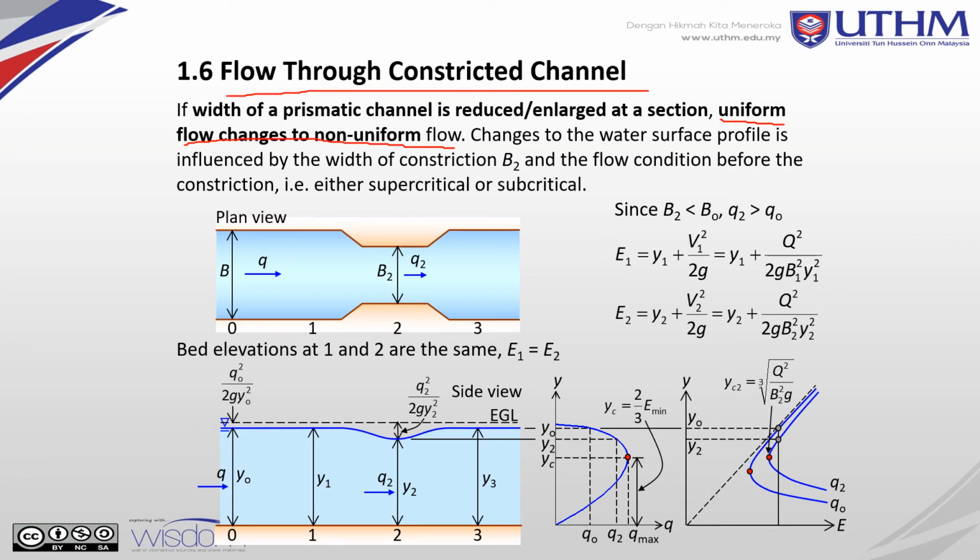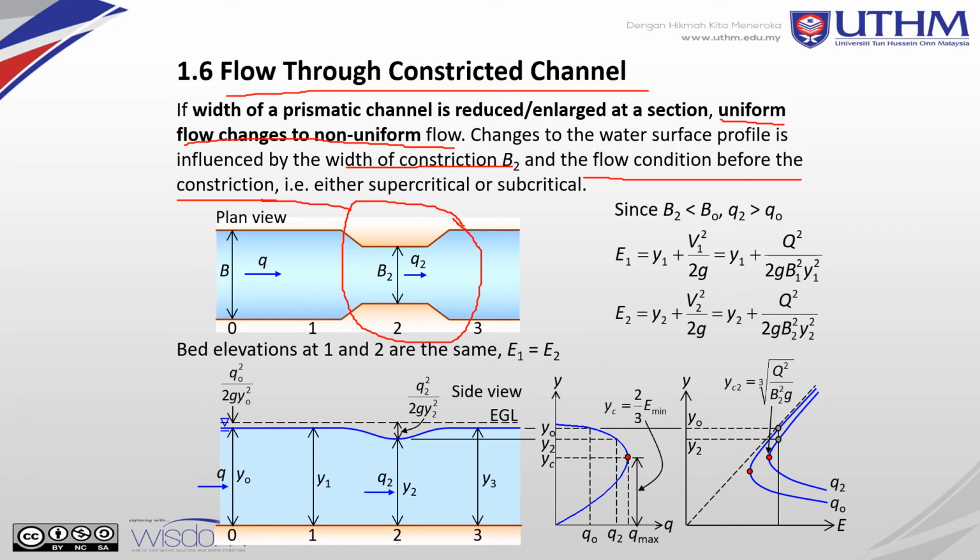The change to the water surface profile is influenced by the width of constriction B2 and the flow condition before the constriction. This is called the constriction.